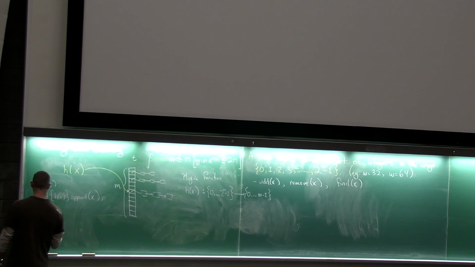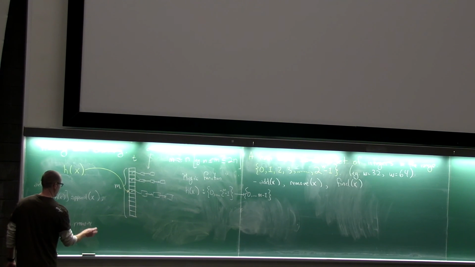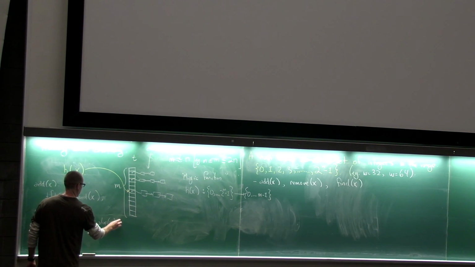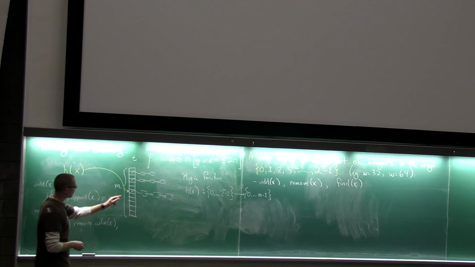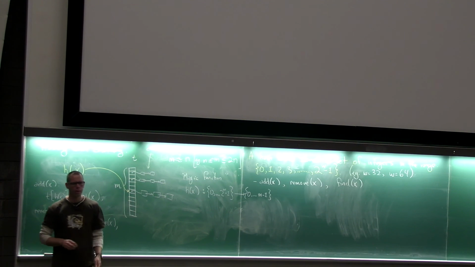If you want to remove x, you take T at h of x, which is a list, and you ask it to remove the value x, which means that you walk through that list looking for x, and if you find it, you delete it.